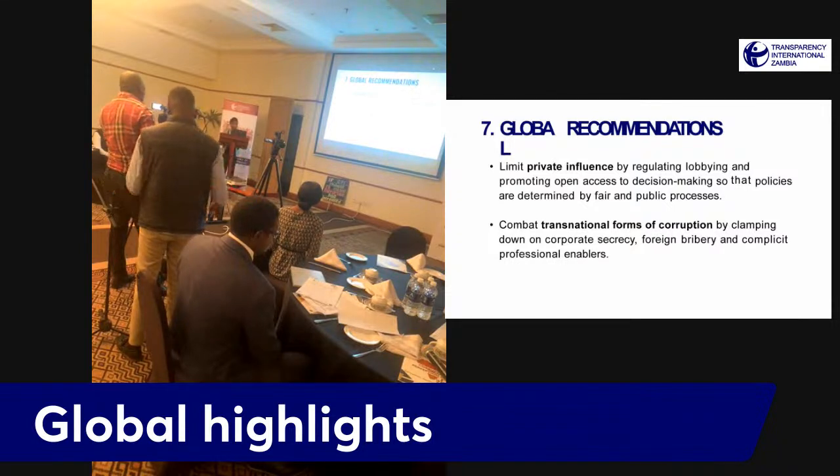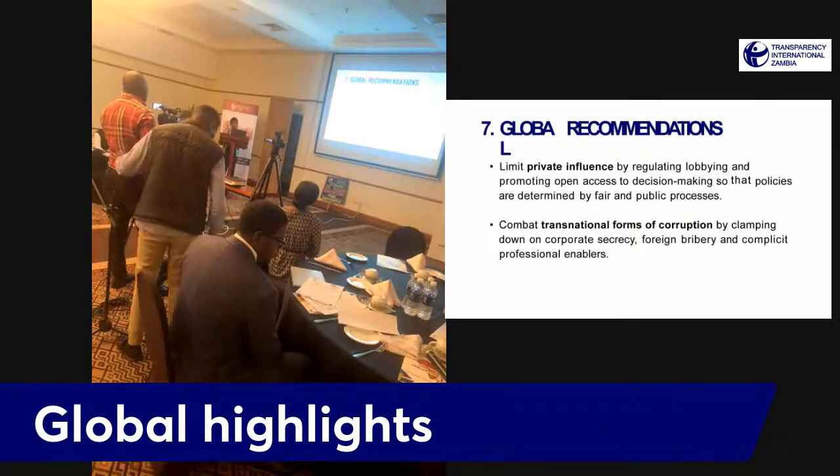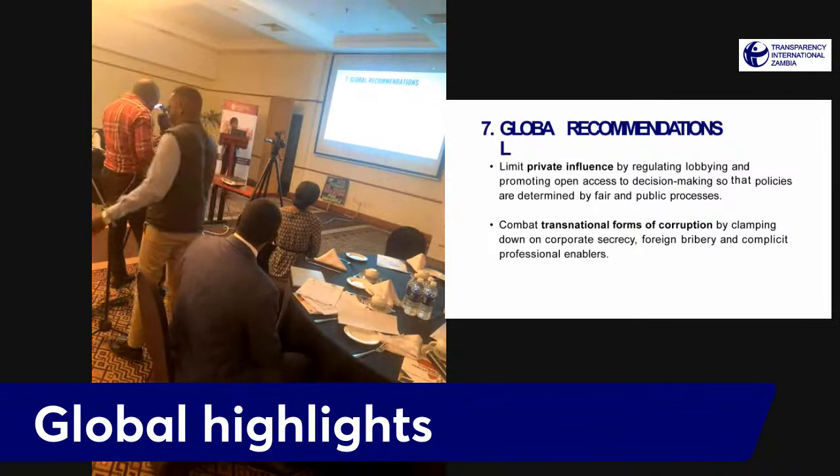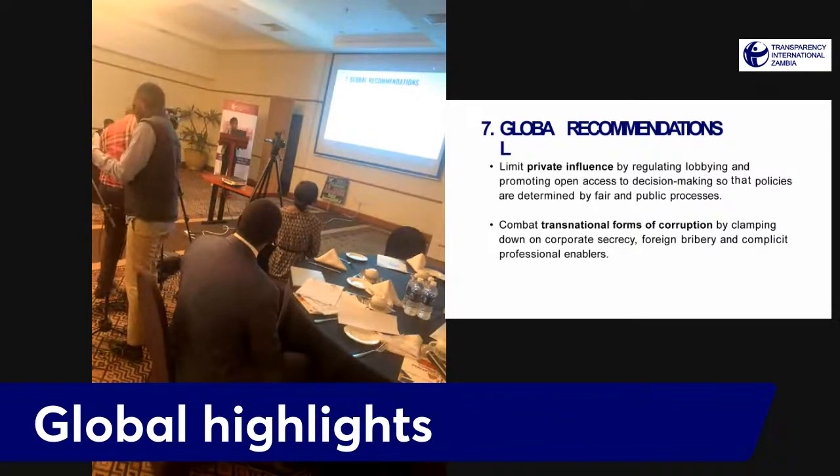And the final global recommendation is to combat transnational forms of corruption by clamping down on corporate secrecy, foreign bribery, and complicit professional enablers. And we see this especially with the perpetrators being the top performers. There is more effort that needs to go to transnational forms of corruption.